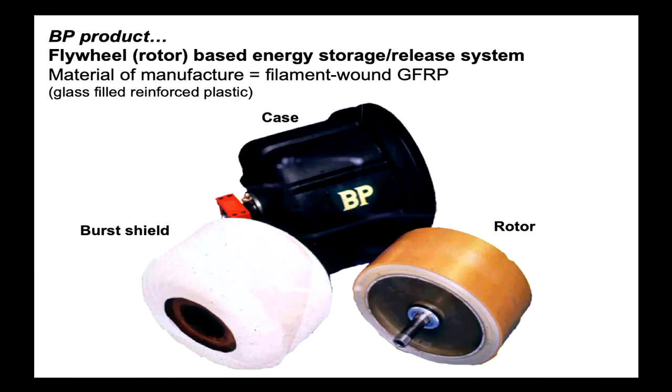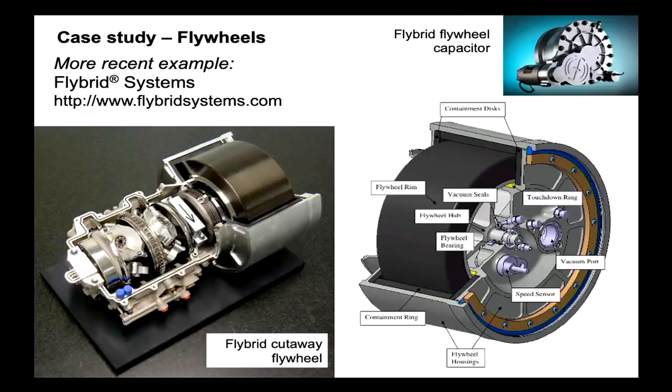And people have played around with it as an energy storage and release device, and if you want to have a look, Flybrid Systems. I didn't check before this lecture, but last year that website was still valid. And this company was playing around with having a heavy rotating mass and a gear system so that rotational energy goes in, rotational energy comes out.